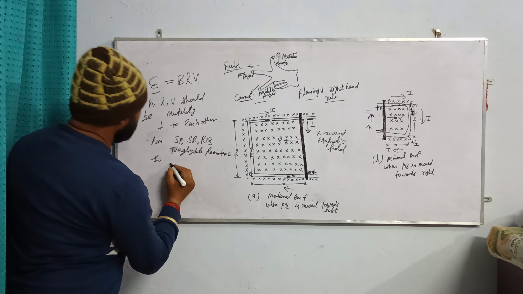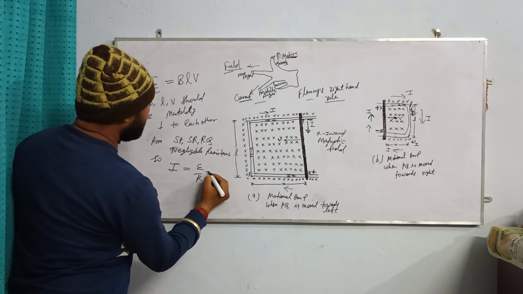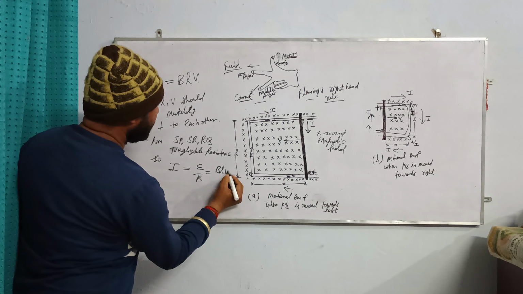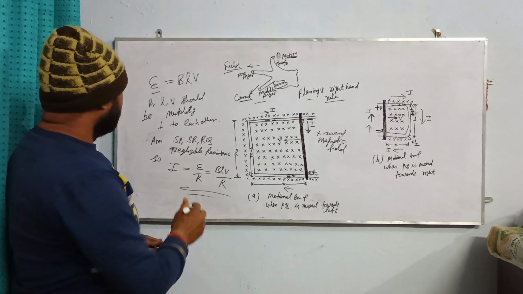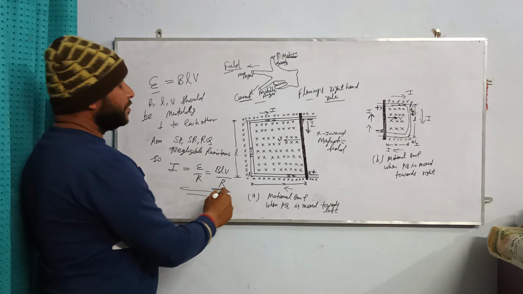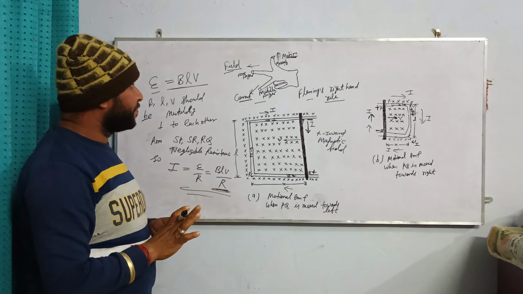So I equals EMF upon resistance, BLV upon R. Okay students, this is the value of the induced current, and this is the value of the induced EMF.